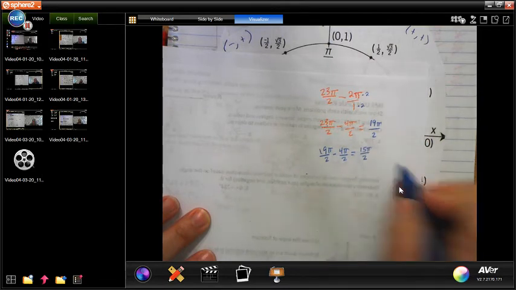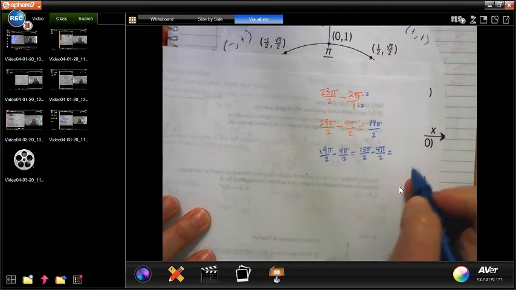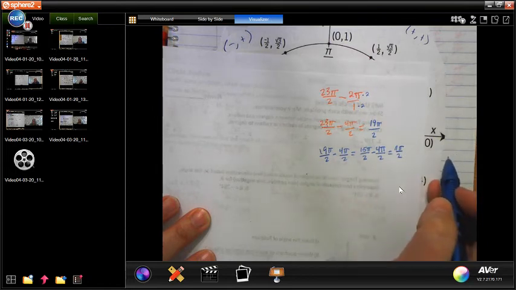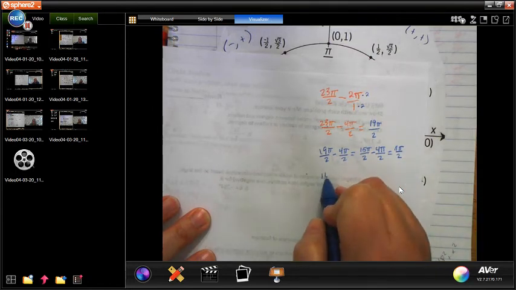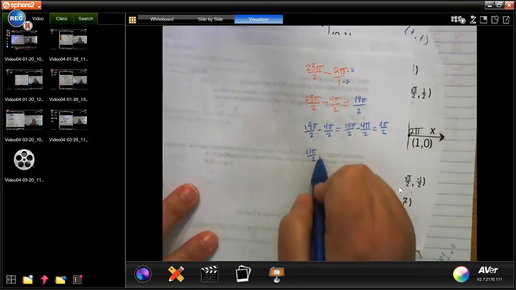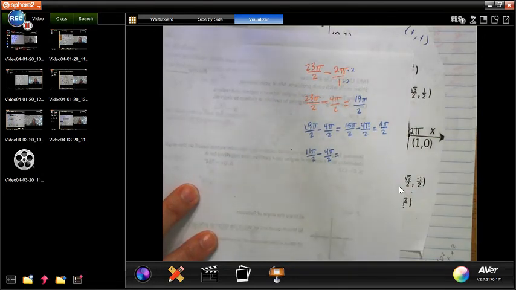And obviously that's not on the unit circle, so I subtract again. 15 minus 4 is 11, which is, again, not on the unit circle. 11 minus 4 is 7.